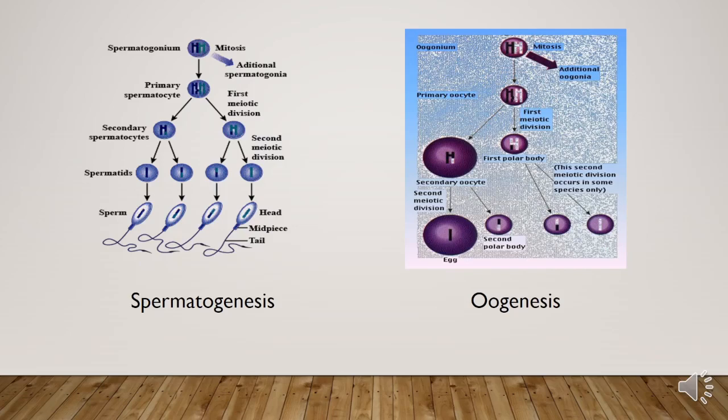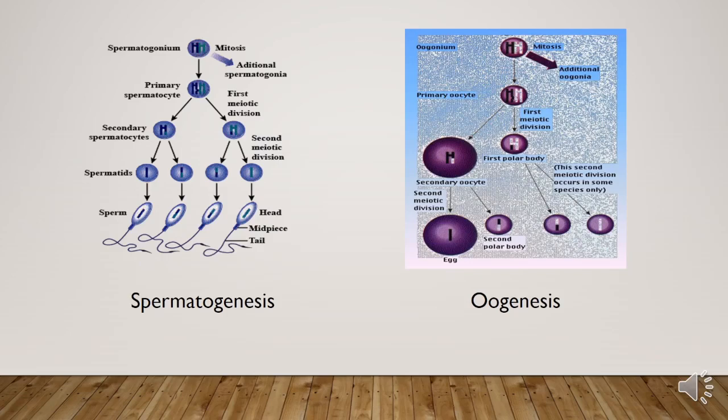In oogenesis, in meiosis 1, one oogonium is transformed into one primary oocyte. As meiosis 1 is finally completed, a primary oocyte divides into 2 haploid cells of unequal sizes.